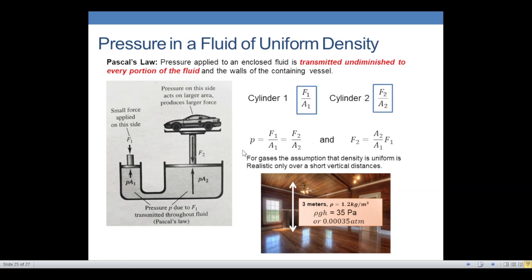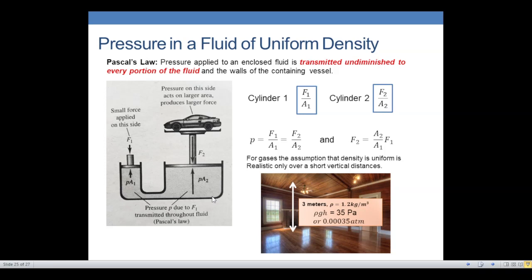So again, the pressure applied to an enclosed fluid is transmitted undiminished to every portion of the fluid and the walls of the containing vessel. So what will be the pressure reading here? It is the same if we're going to have a particular reading of the pressure here. At this particular portion, the reading of the pressure is the same. It is distributed undiminished. All right.